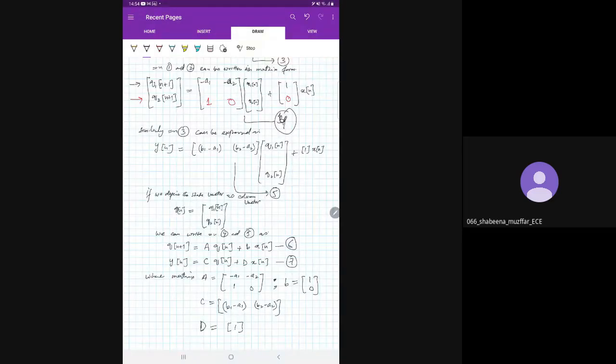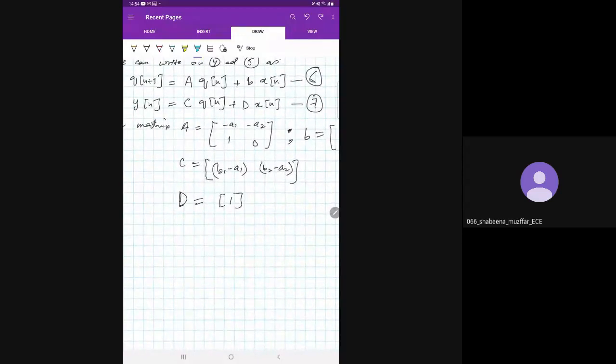Now see equations 6 and 7 that we had here. This is the general form of state variable description corresponding to a discrete time system. Please remember it is for a discrete time system.